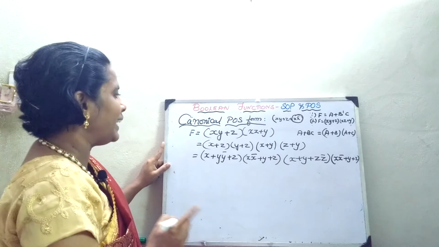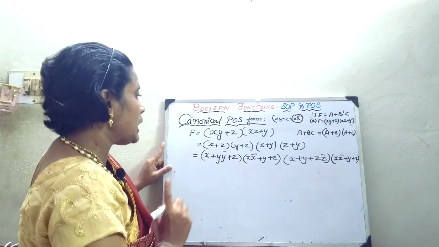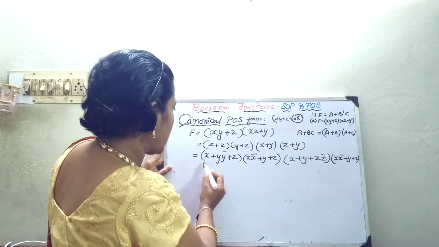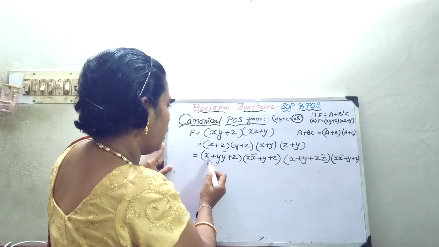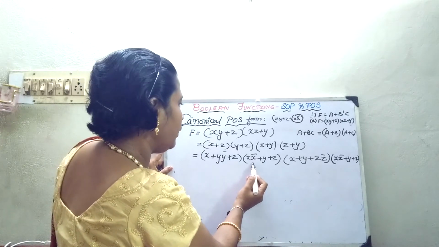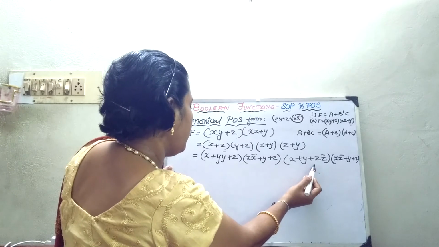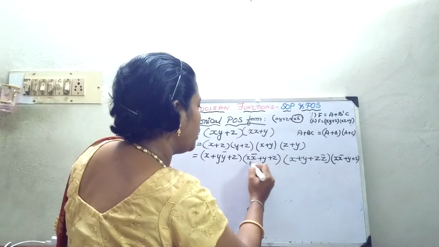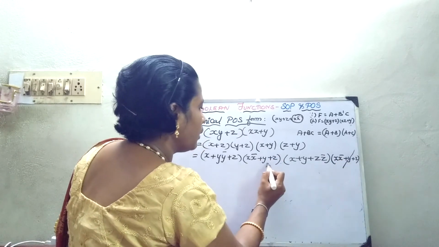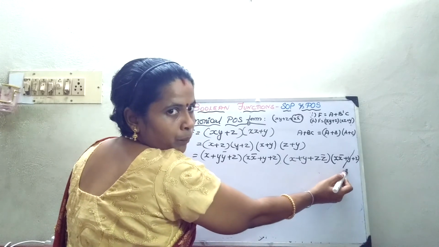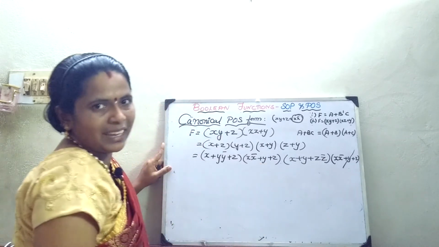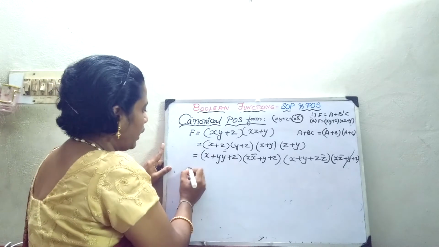Before this you check whether any equations are going to be the same. In this case, these two expressions are the same. In that case I can reduce this expression. Now you write the value.